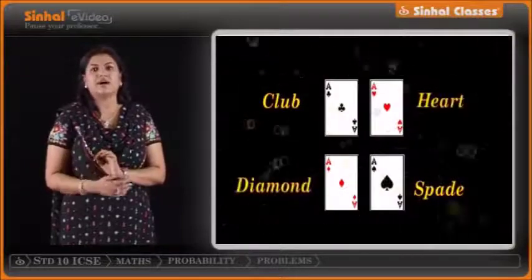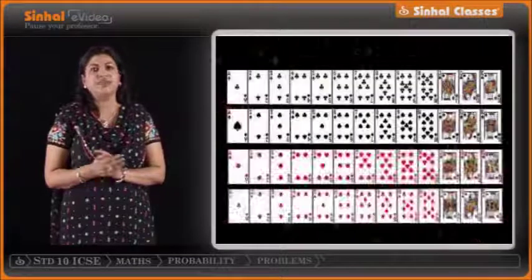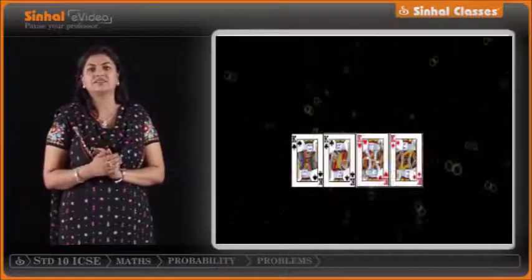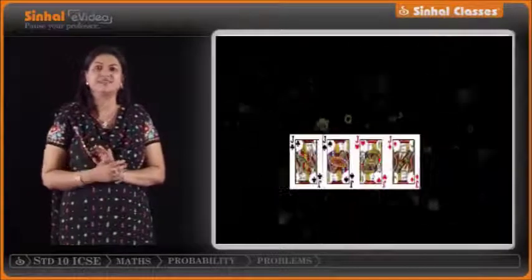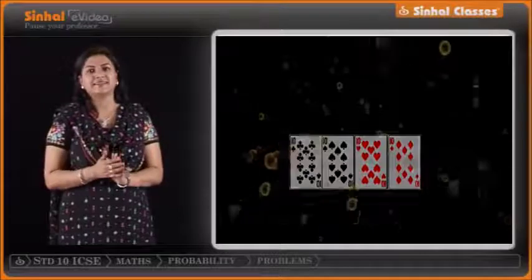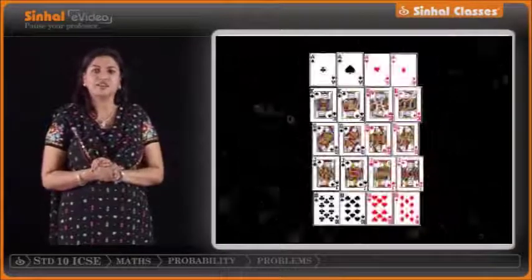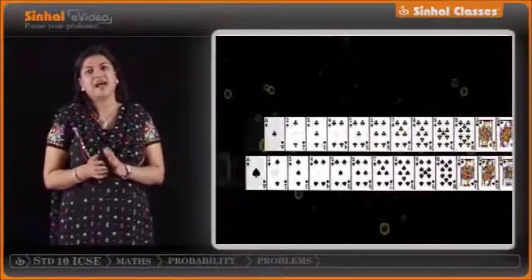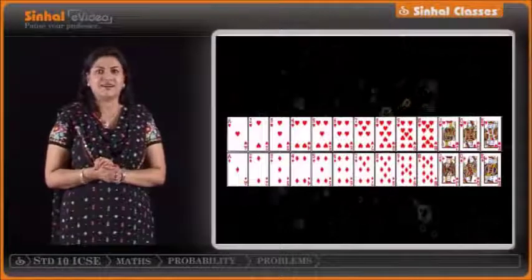There are 13 cards of each suite. Then there are 4 aces, 4 kings, 4 queens, 4 jacks, 4 tens and so on. That is, there are 4 cards of each number. Then there will be 26 black cards and 26 red cards.